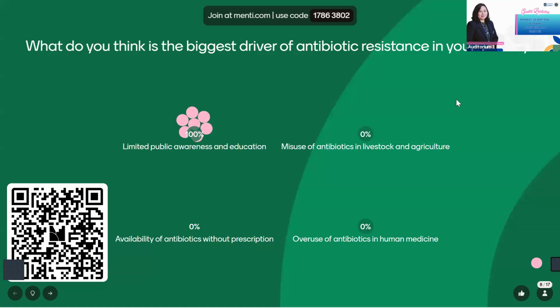Now, limited public awareness and education gets the highest. What else? The overuse of antibiotics in human medicine. Sometimes you catch just a cold and you get antibiotics. So it's a kind of overuse of antibiotics in human medicine.